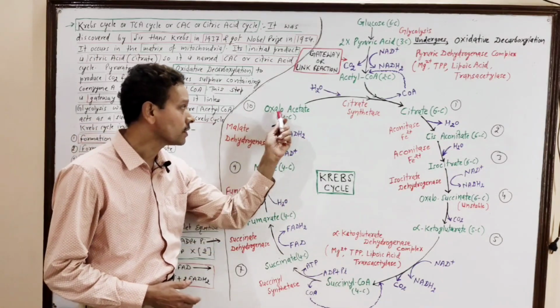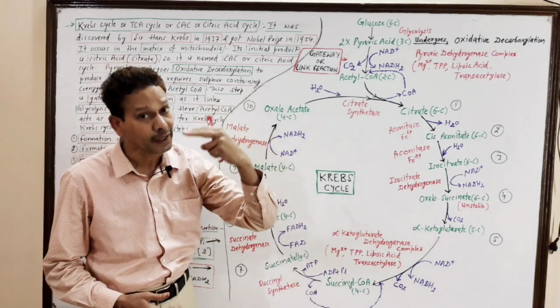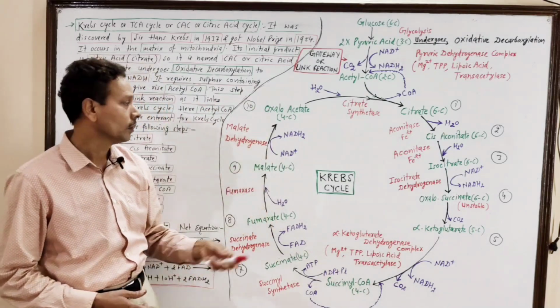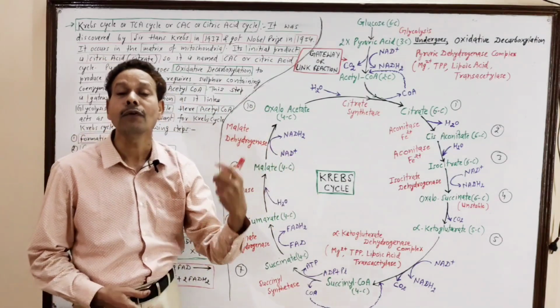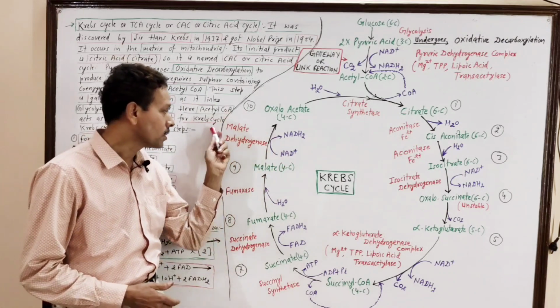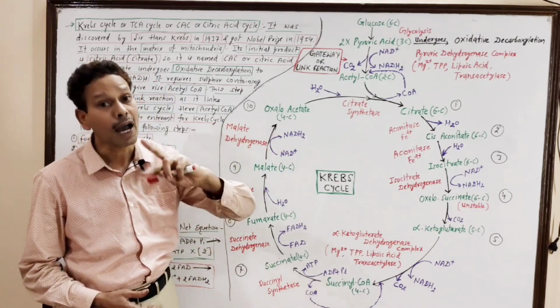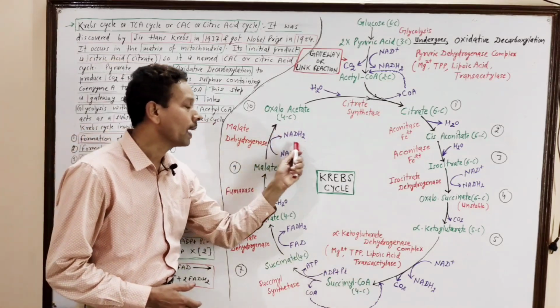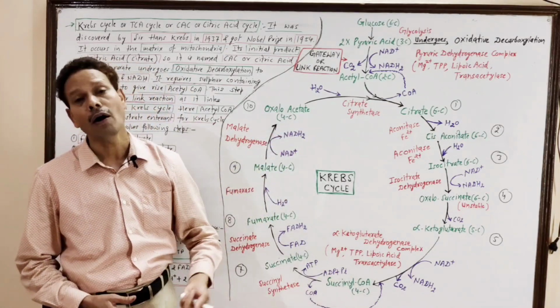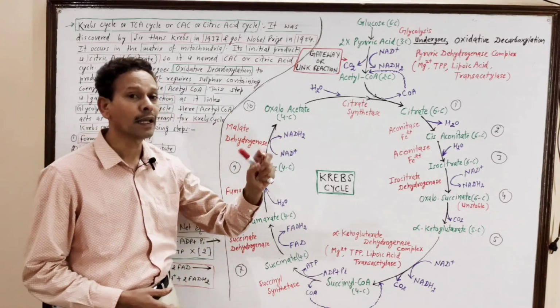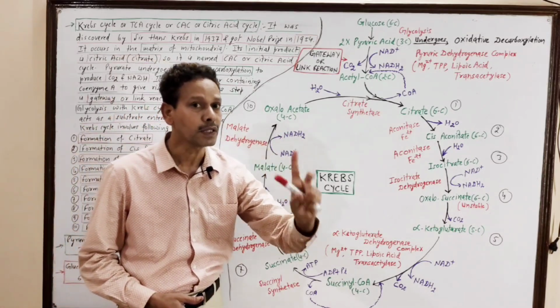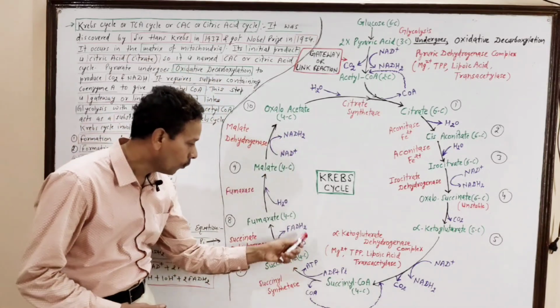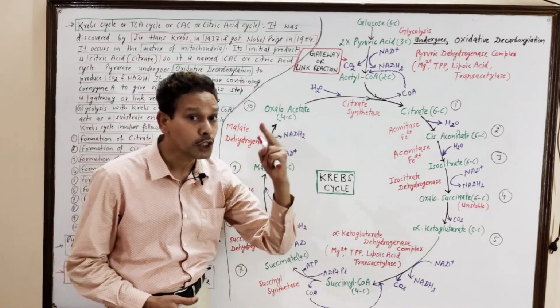In this last step, malate, a 4-carbon compound, in presence of malate dehydrogenase, again one molecule of NADH2 is formed, and each NADH2 produces 3 ATP. One FADH2 produces 2 ATP.